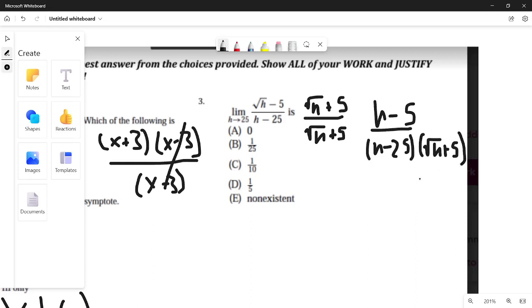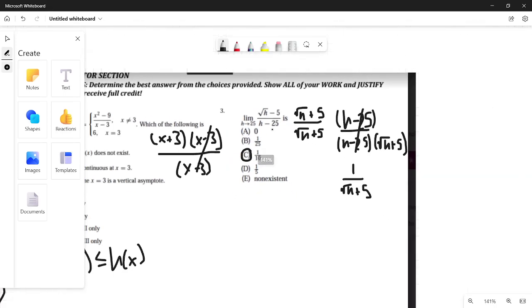Oh yeah, you're right, just a little error. But it actually makes a big difference, because that makes it removable. So you would just remove this, making it 1 over root h plus 5. Root 25 is 5, so that's going to be 1/10.